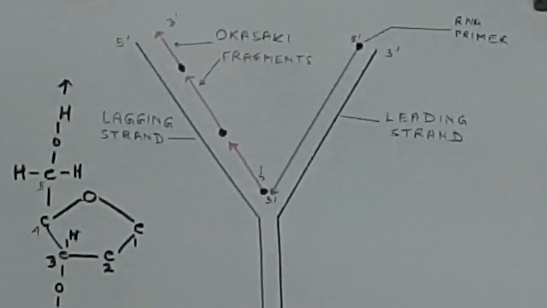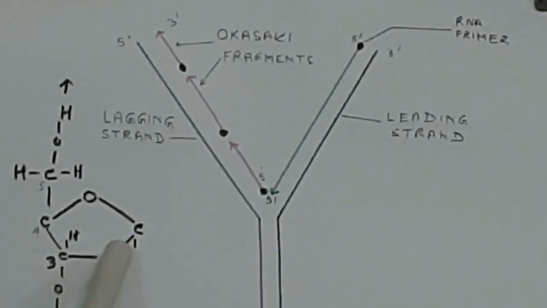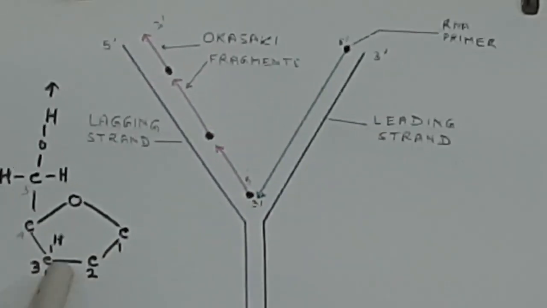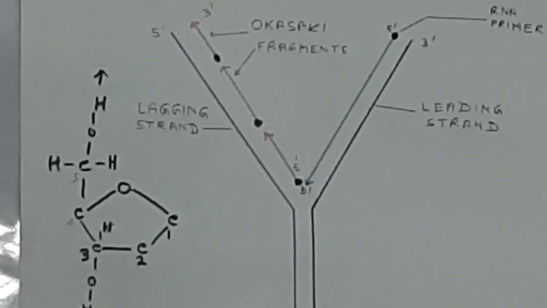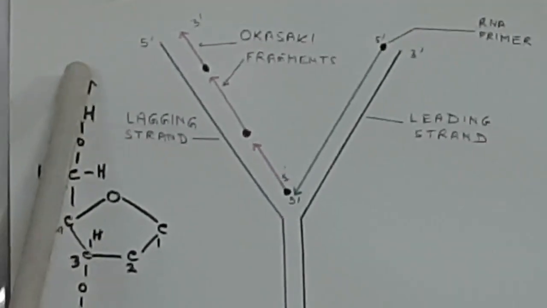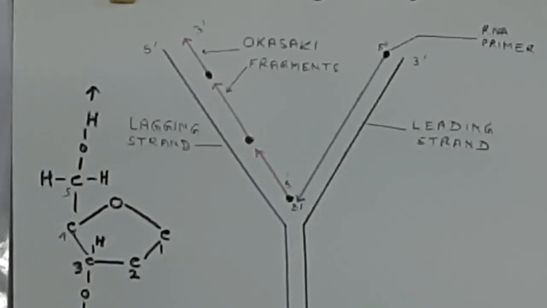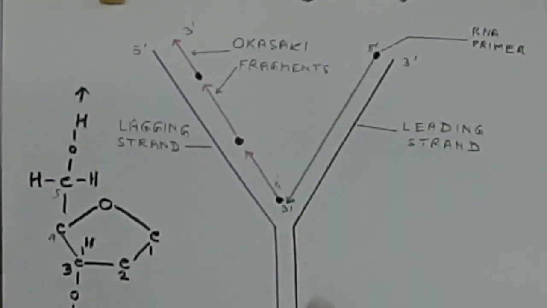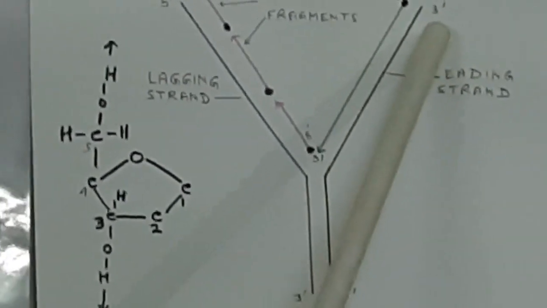In DNA, the nucleotides have two ends. This sugar has a 3 end, and here the 5 carbon is attached to a phosphate. So there is a 3' end and a 5' end. Here in one strand, the leading strand, this is the 5' end, this is the 3' end.